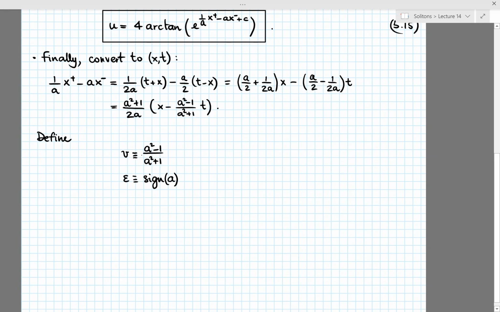And finally, given the velocity, I can calculate the Lorentz factor gamma, which is 1 over root of 1 minus v squared. And if you plug in the previous expression for v given in terms of the parameter a, I'll leave this as an exercise, you will find that this is equal to 1 plus a squared over 2 absolute value of a. That's equation 5.16.